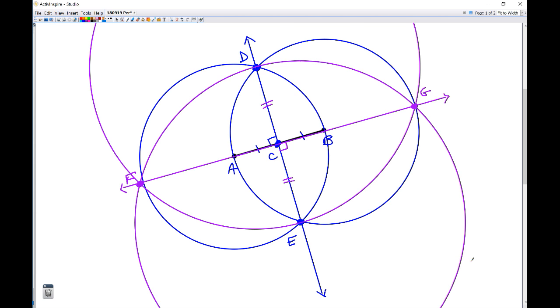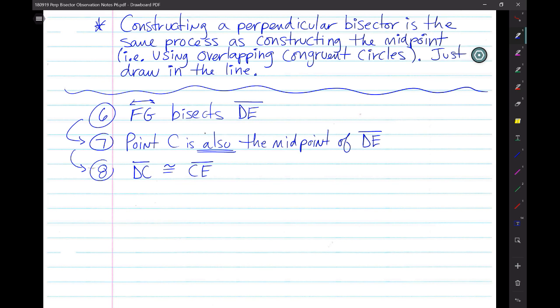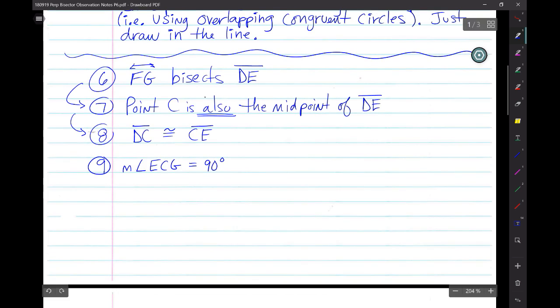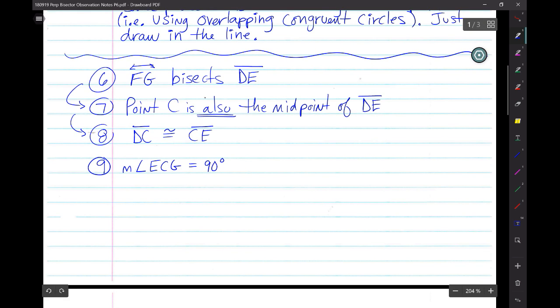We measured angle ECG, so we're going to come back to our notes paper, and we're going to say observation 9. This does not flow directly from 8. This is just an independent observation. And we're going to say that the measure of angle ECG was 90 degrees. We verified that. And so, again, just like we did above, because in this case of observation 8 and observation 9, we can now make statement 10.